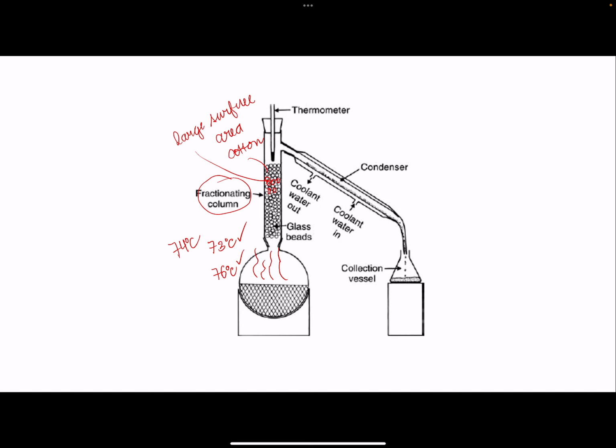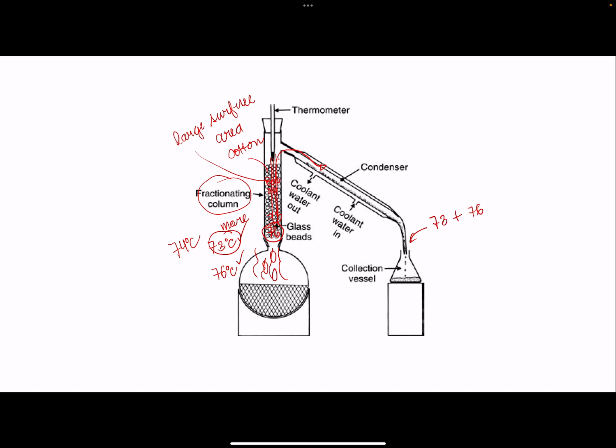But the thing is, there is more of the 73, mas madami, that is evaporating. And so, your 73 degrees Celsius is going to make it up the fractionating column and into the condenser. Habang si 76, since konti lang siya, it's going to stay in the fractionating column and eventually precipitate down. Babalik lang siya.